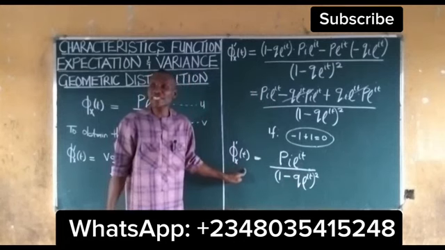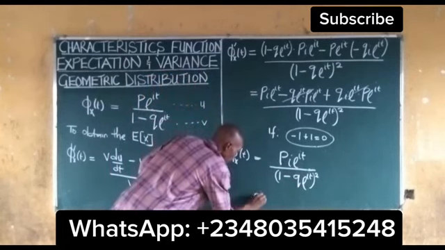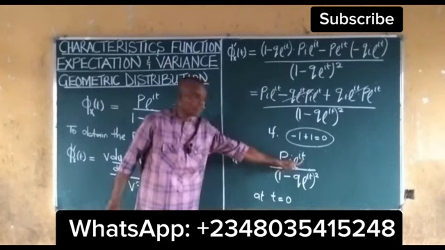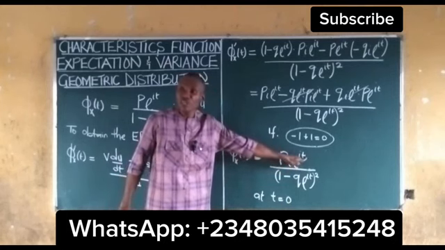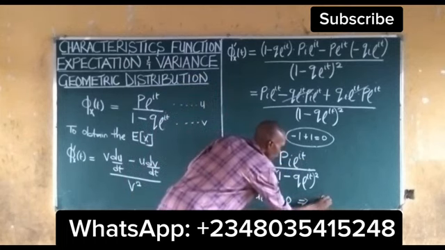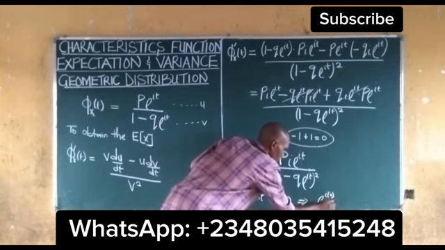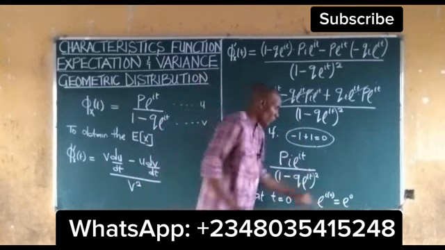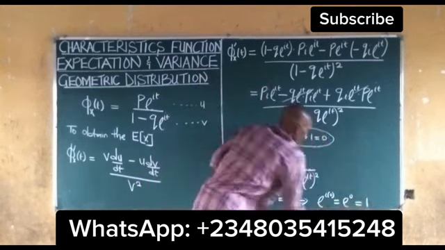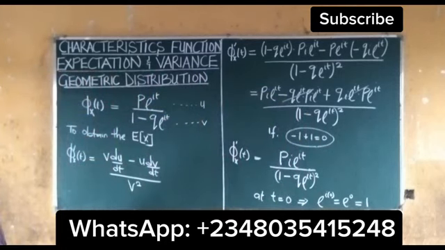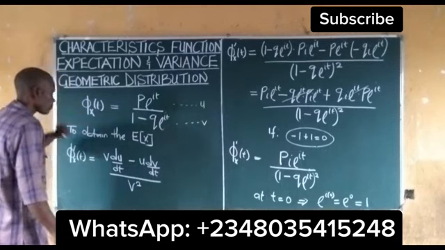So we now say at t is equal to 0. If t is equal to 0, it means anywhere we see t, we put 0. It then implies that e^(i0) is equal to e^0, and anything raised to the power of 0 is equal to 1.